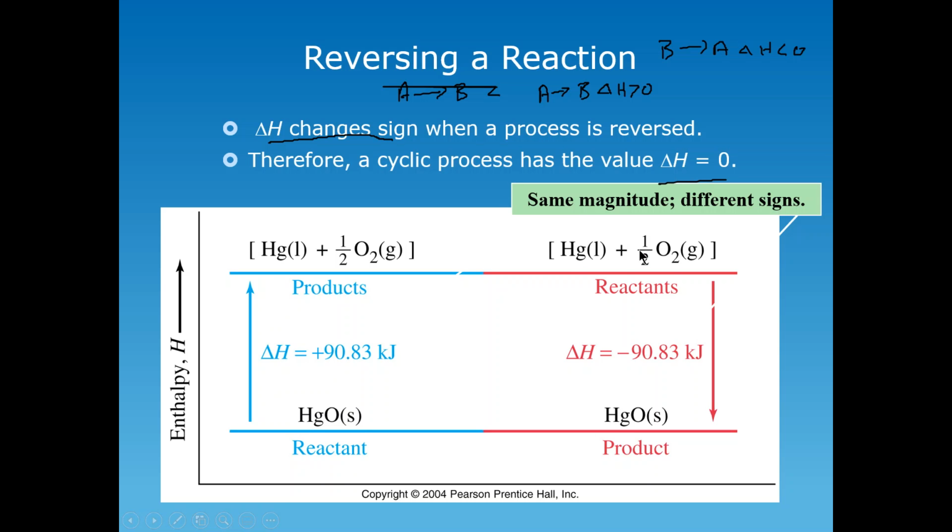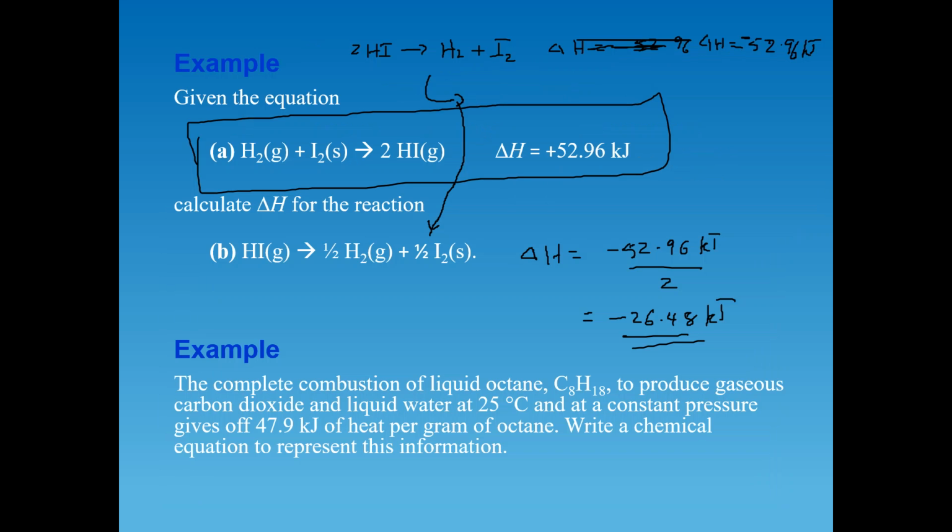Let me do it over here. So going from the reactants to the products, right? In this case, delta H would be equal to minus 90.83. If you were to do the reverse reaction, then delta H would be equal to positive 90.83. So basically, it's the same magnitude but different signs if you reverse the reaction. That also will become important when we do calculations involving delta H.